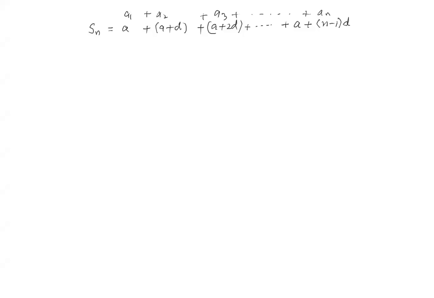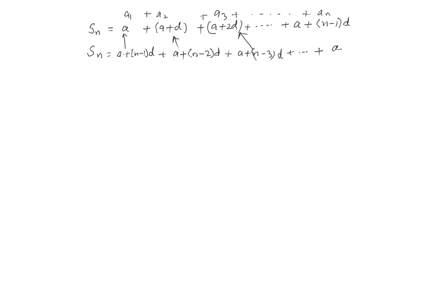Now I'm going to write down the S sub n again, but in reverse order. It's going to be a plus (n minus 1) times d. This goes with that one, so that you know. The next one is going to be a plus (n minus 2) times d, which goes with this one, plus a plus (n minus 3) times d, and the last one is going to be just a.